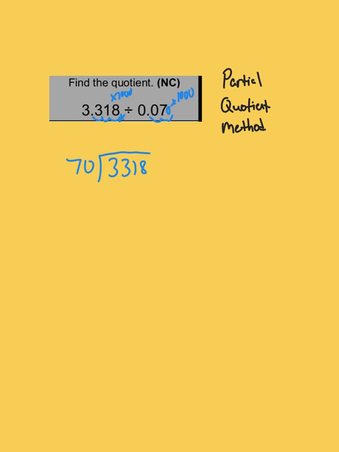I know 70 times 1 is 70, and 70 times 10 is 700. I know 70 times 2 is 140. 70 times 20 is 1,400.